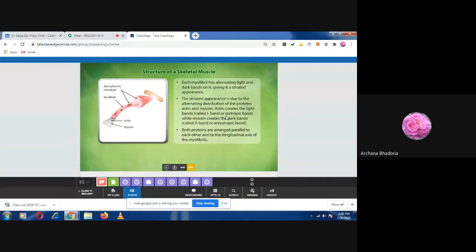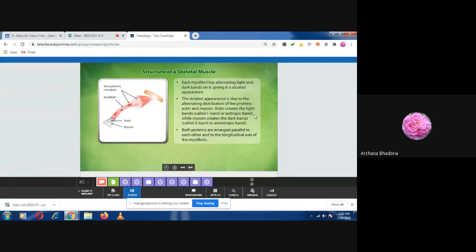Because of the type of proteins forming these bands. The actin will create the light band. It is known as the I band or isotropic band. So write down the light band or I band or isotropic band.